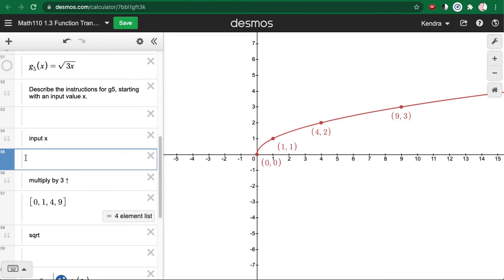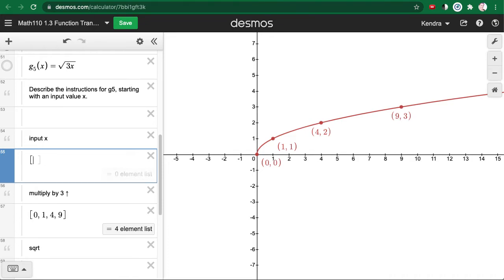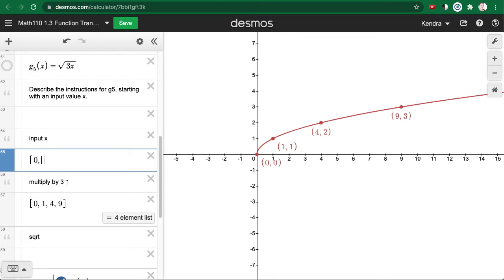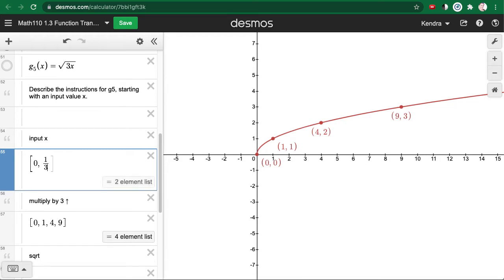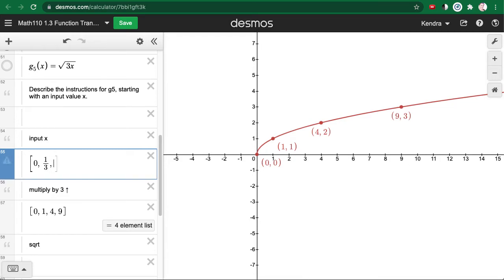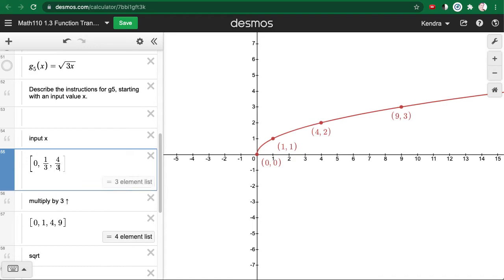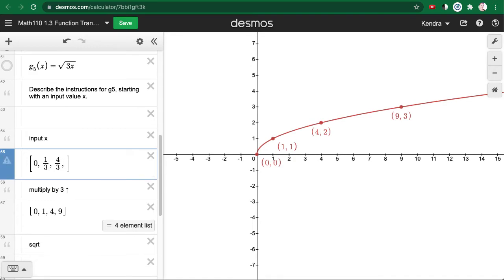If these numbers get multiplied by 3 to get here, then I take these numbers and I divide by 3 in order to figure out what my original inputs should be. So 0 divided by 3 is 0. 1 divided by 3 is 1/3. 4 divided by 3 is 4/3. And 9 divided by 3 is 3.